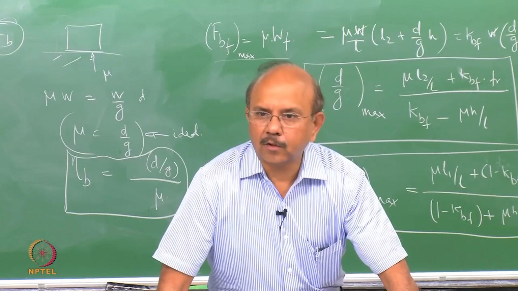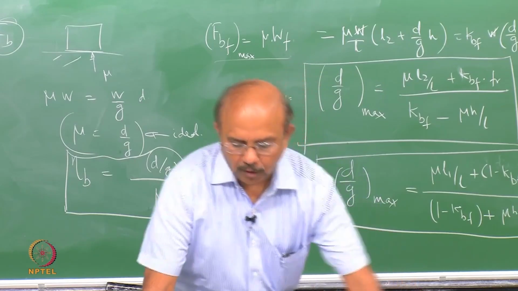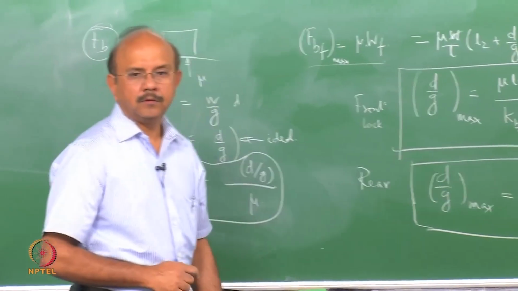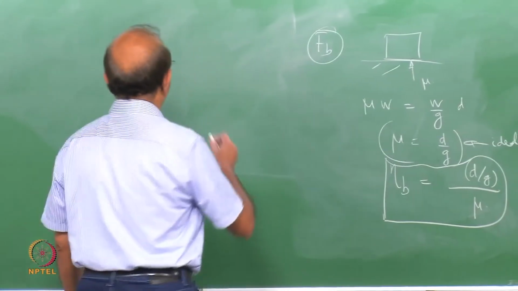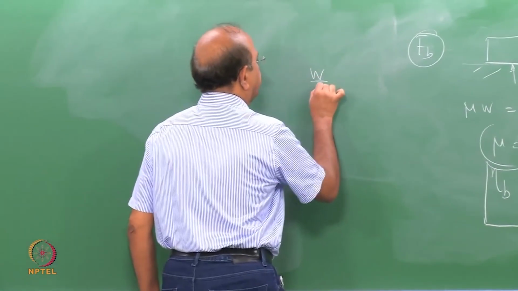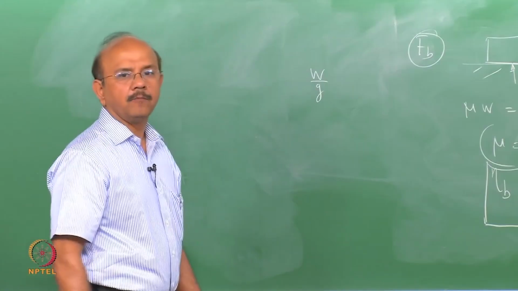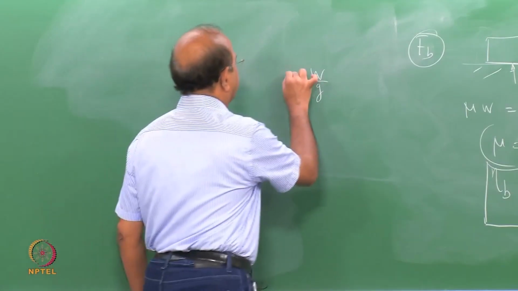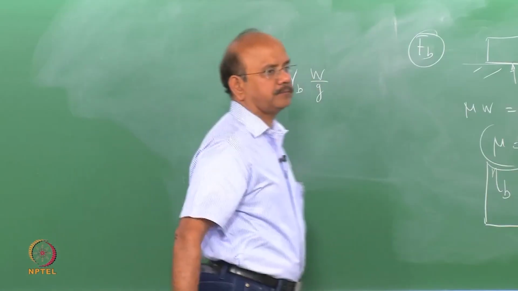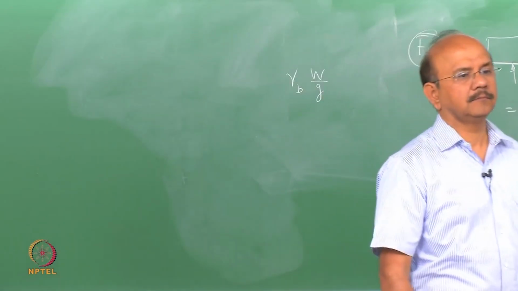To avoid that complexity, what you usually do is put a factor on the mass. If W by G is the mass of the vehicle, I would multiply it by a factor which I would call gamma B.